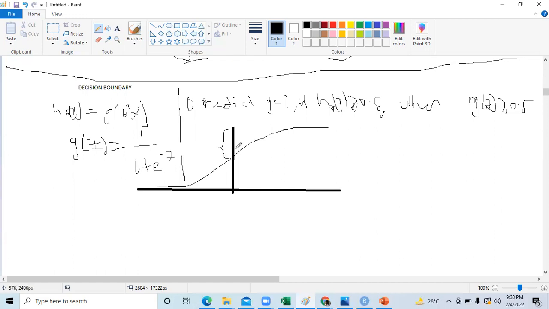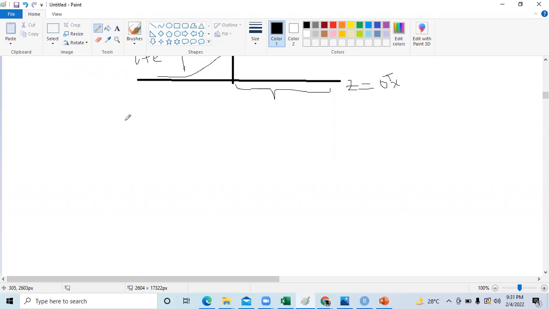So if we have our g of z in this bucket, then our z, which once again equals theta transpose x, is going to be in this bucket, right? So we are saying that since the hypothesis equals g of theta transpose x, right?